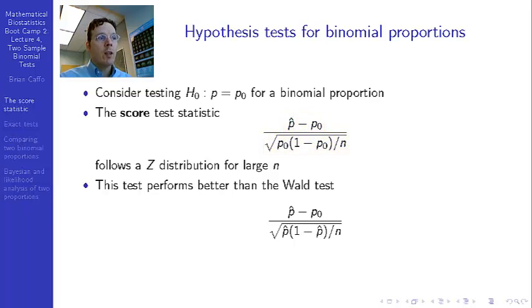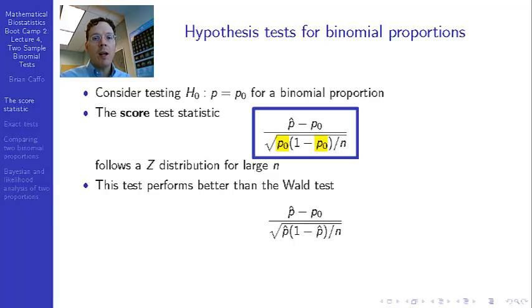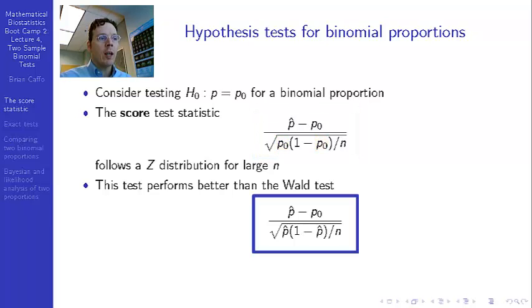Notice that we're plugging in P naught under the null hypothesis, not plugging in P hat, which would give us the estimated standard error that we used, for example, in the construction of the confidence interval. So this test, when you plug in P naught in the denominator, performs a little bit better than the so-called Wald test, where in the denominator, rather than plugging in P naught, we plug in P hat.